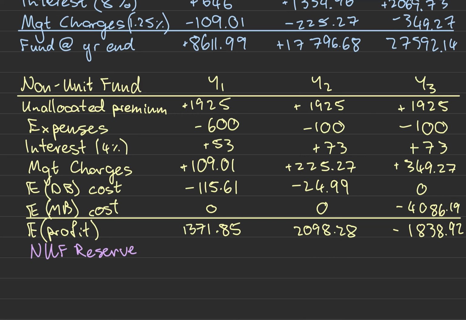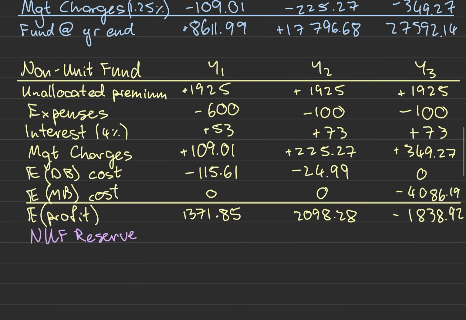Now, where must I start this process of zeroization? Well, this first year is positive, I don't need to reserve. In fact, I wouldn't reserve in the first year anyway, because this can be a negative one. It's just that all the rest must not be negative. This is what I'm talking about when I say self-supporting the policies.